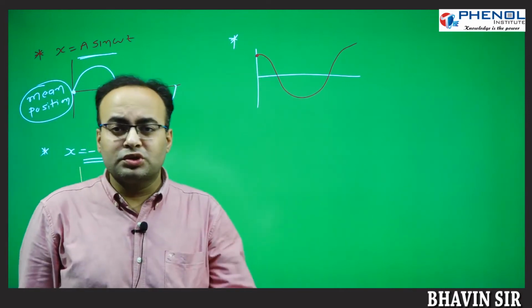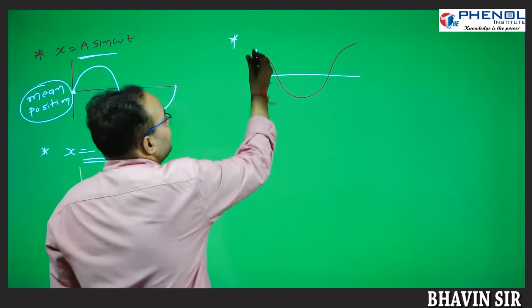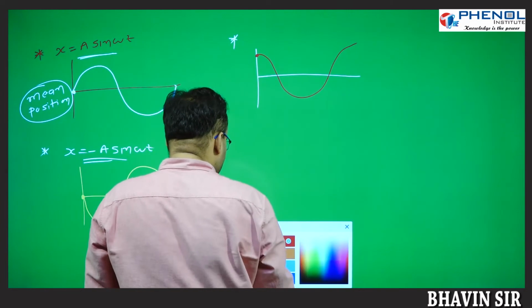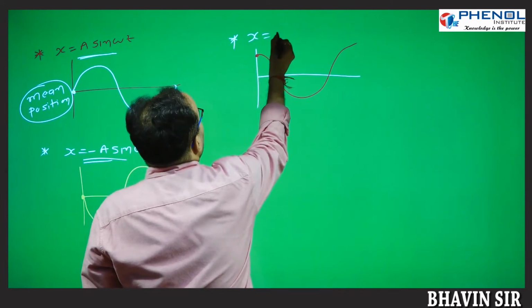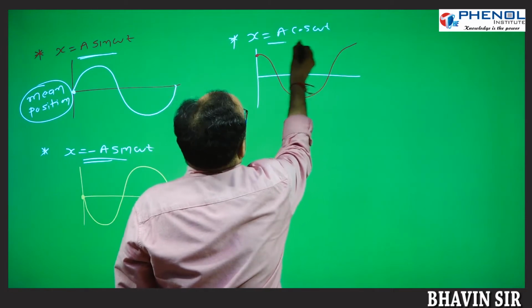Why? Because cos 0 is 1. So if oscillation starts from the extreme position, then we consider x equal to a cos omega t.